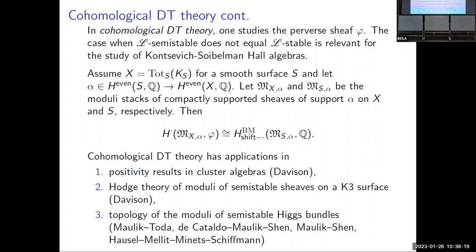So now I'm mentioning some applications of cohomological DT theory. They are also important in studying the structure of these quantum Hall algebras. Maybe I should just say a few words. There are certain Hall algebras defined again on the moduli stack of sheaves, and then multiplication is defined by the extensions of sheaves.